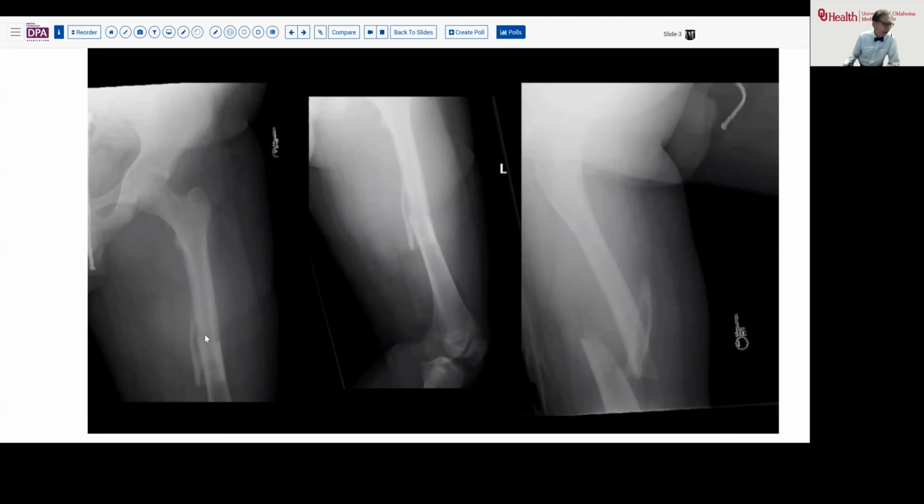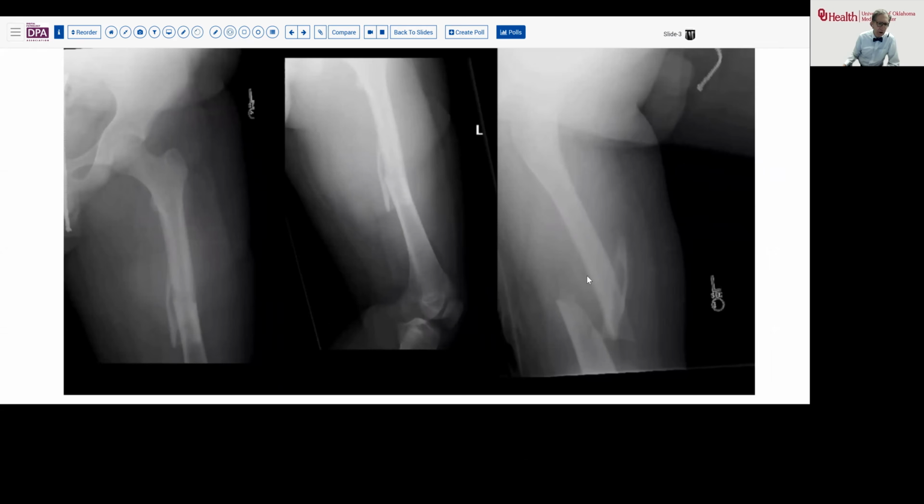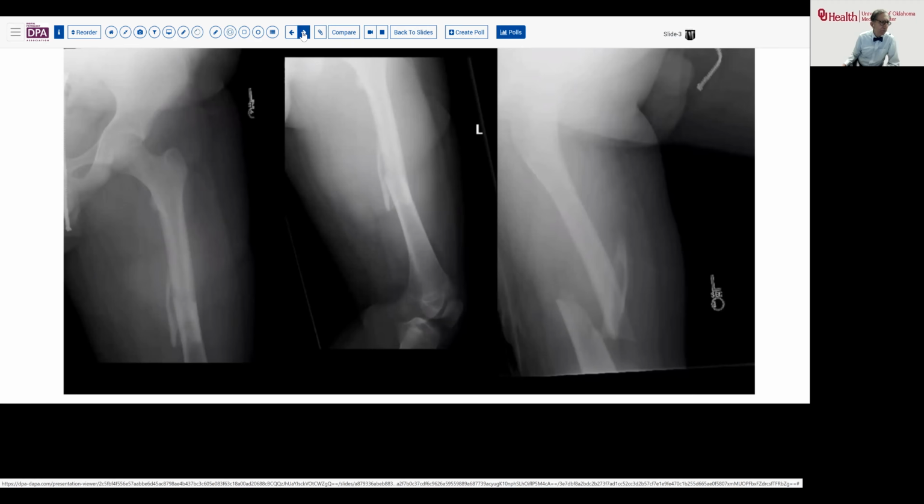And I think there are a few little subtle clues. The intertables of the cortex are a little bit expanded, a little bit altered here. And part of this, of course, is obscured by the clothing and the shadowing. But beyond that, there's really not much here to suggest that this is a pathologic fracture.